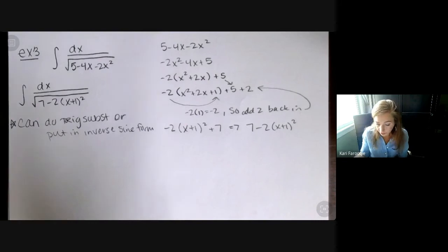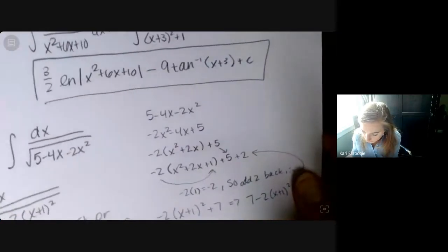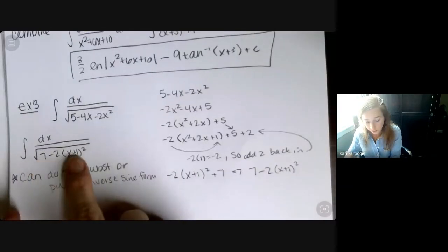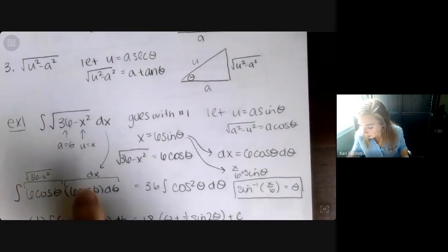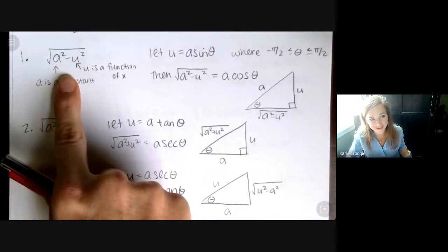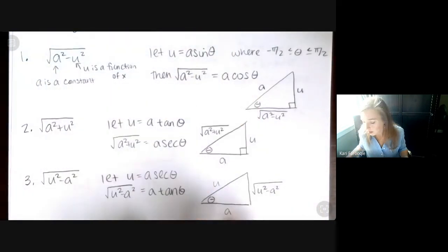Okay. So back to your trig substitution definitions from forever ago. We have a squared minus u squared. So we're going to use this one where u is a sine theta and your radical is a cosine theta.